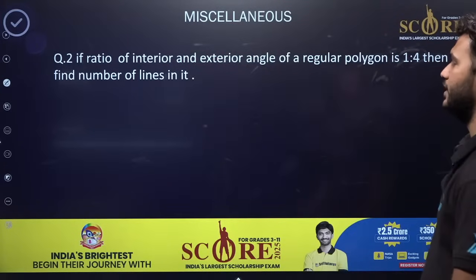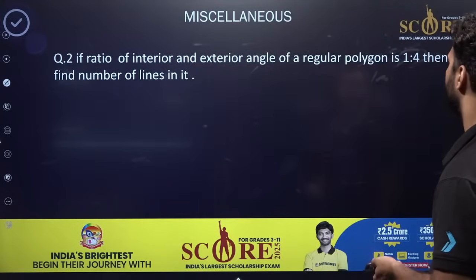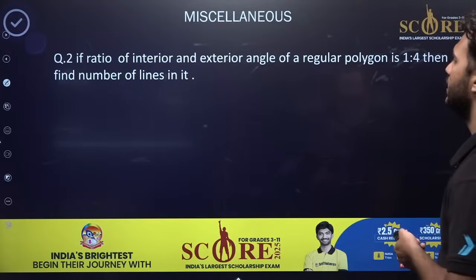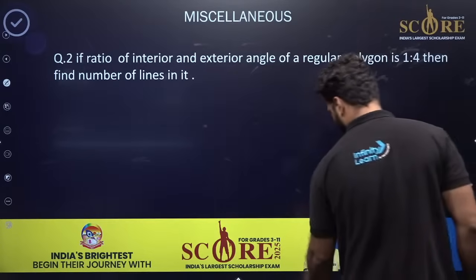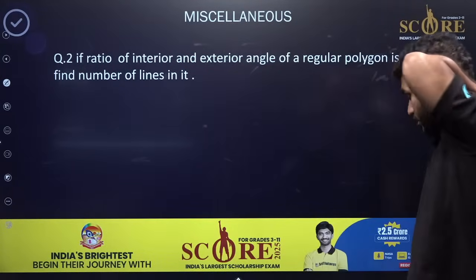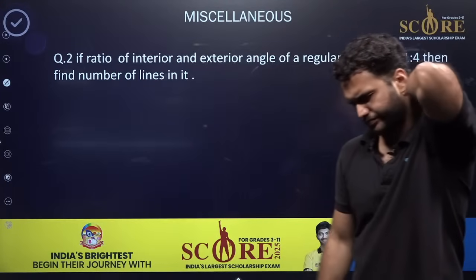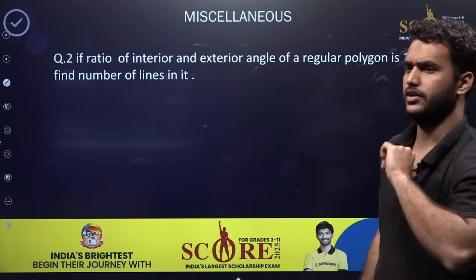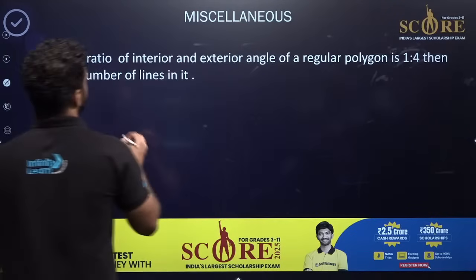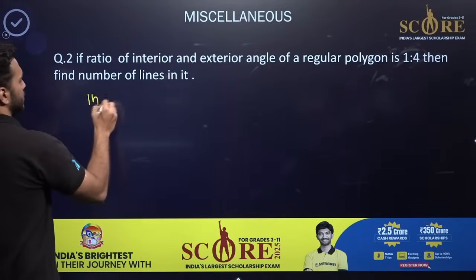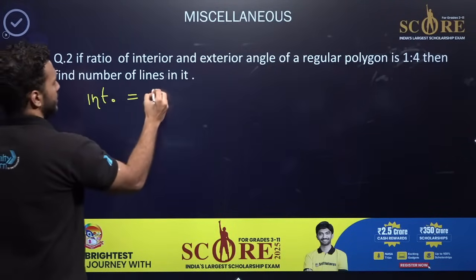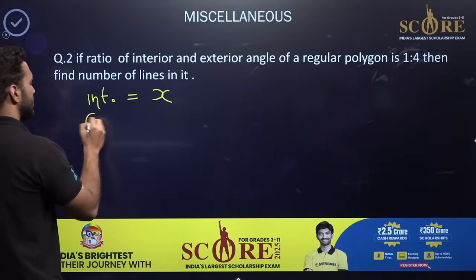If the ratio of interior and exterior angle of a regular polygon is 1/4, then find the number of sides. Okay, see, guys, let's say first we take the ratios. What will be the interior angle? Interior angle will be, sir, x. Then what will be the exterior?